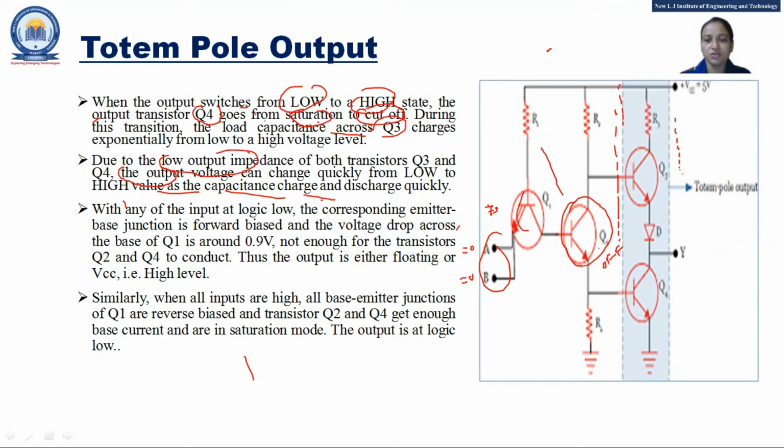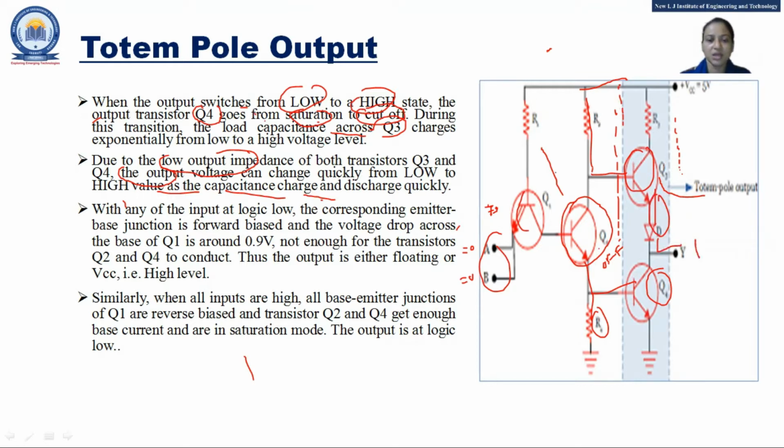If it is off, the current does not flow, so as a result Q4 is also off. So whatever VCC is applied here from R4 goes to R3, and because of that VCC is driven through this diode to our Y, so our output will be 1.